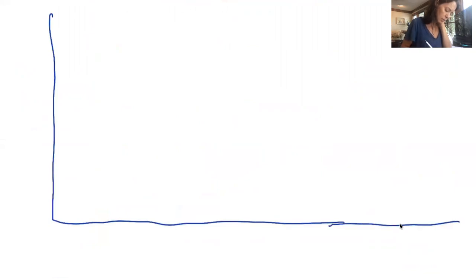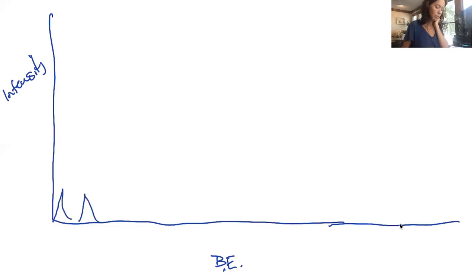What is this? This is binding energy, and this is intensity. This is always going to be my 1s, 2s. Oops, what did I do wrong? That 2s should probably, just because I'm detailing it, I want to make sure you realize that we've jumped to a higher energy level, so we're further away.